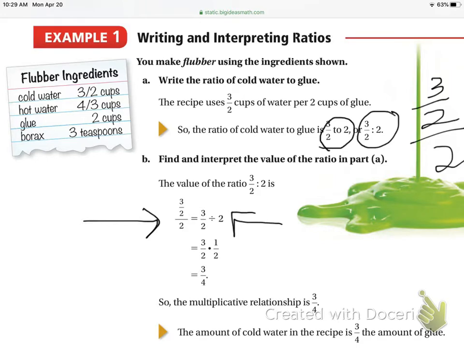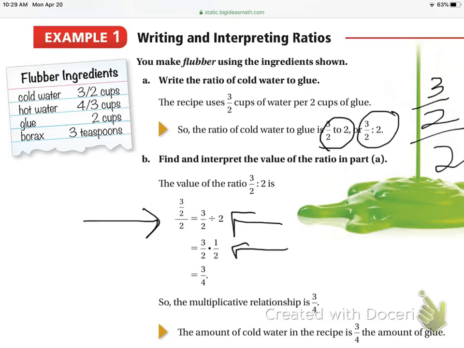And then we know when we are dealing with fractions and we are dividing, we use same, change, flip. So here we go, we've got our same, change, flip, 3/2 times a half, and we end up with 3/4. So the multiplicative relationship, or interpreting the ratios, is 3/4.